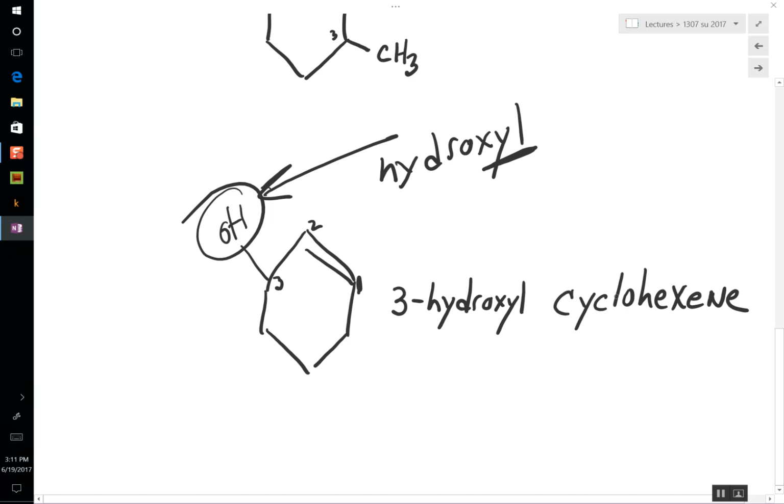I mean, that's a really good question, because all of a sudden, you're telling me if I got an OH, I'm going to call an alcohol. This is an alcohol, but it is an alcohol that has a double bond in the molecule. So it's going to be an ene, cyclohexene, and I can handle that OH group as a substituent.